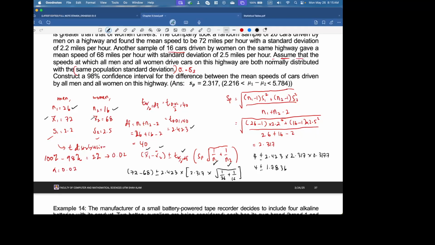So mu1 minus mu2 is 4 minus 1.7836, and 4 plus 1.7836.